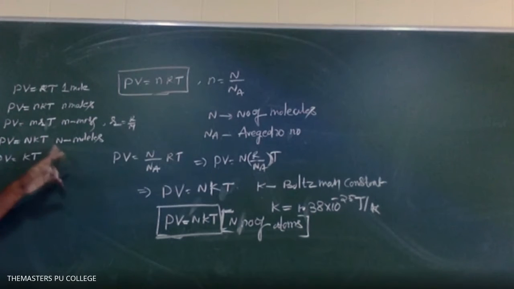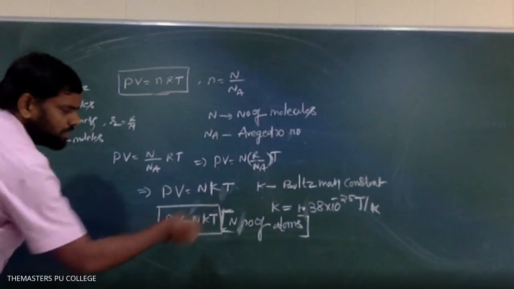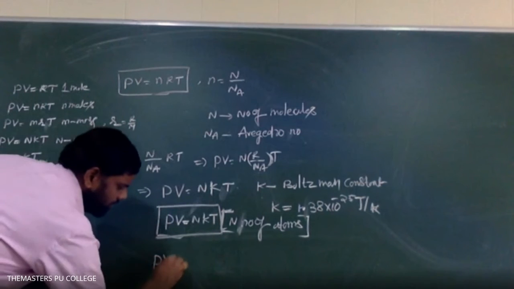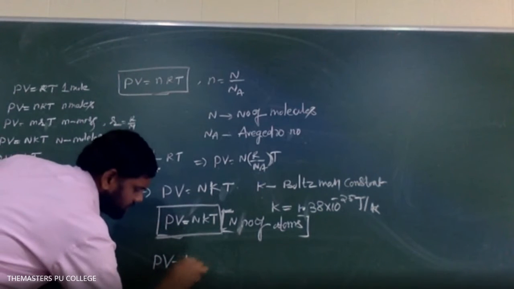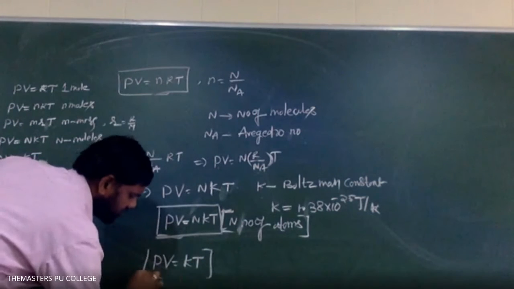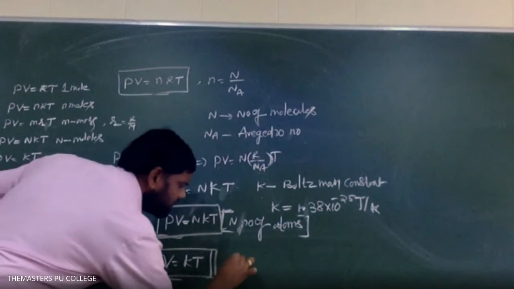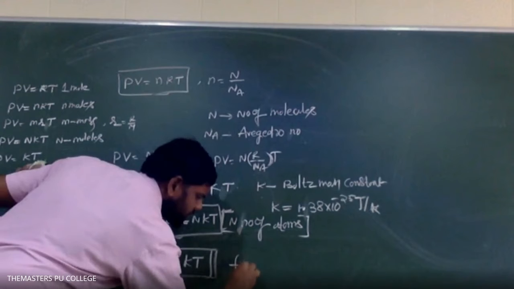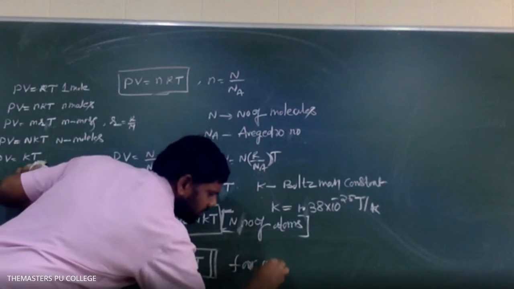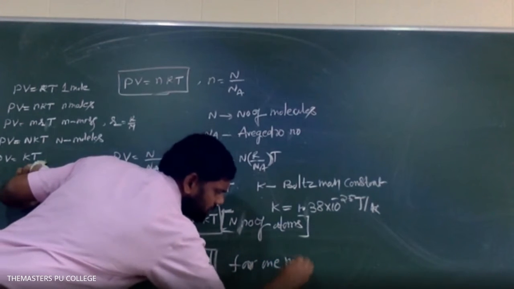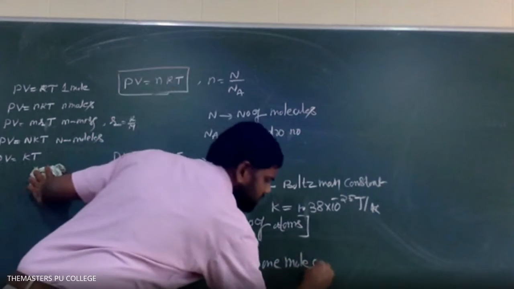For N number of molecules, PV equals NKT. For 1 molecule, this N becomes 1 only. That's why we got PV equals KT.